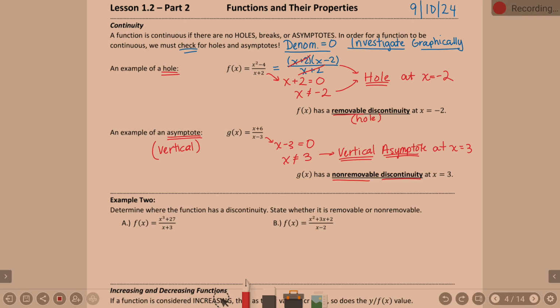So a hole is a removable discontinuity, and a vertical asymptote is a non-removable discontinuity. Those are the two types of discontinuities you need to be familiar with: removable and non-removable, or holes and vertical asymptotes.